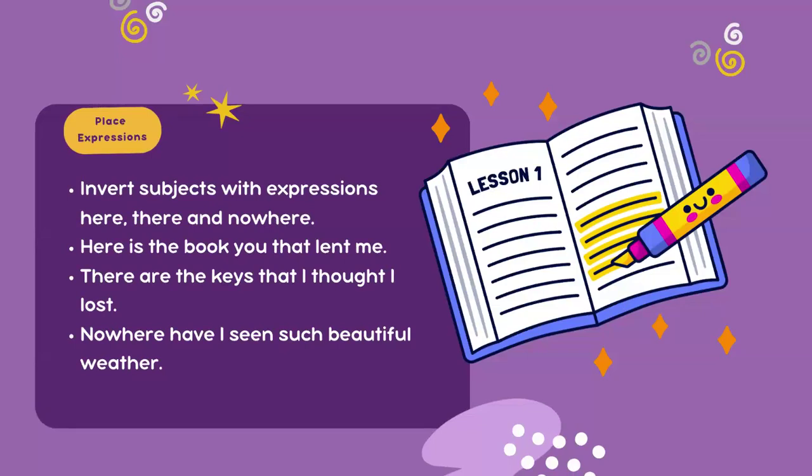Nowhere have I seen such beautiful weather. Perhaps we're more familiarized with these two expressions than with this one. But if we analyze the structure, we can identify that the subject and verb have been inverted.